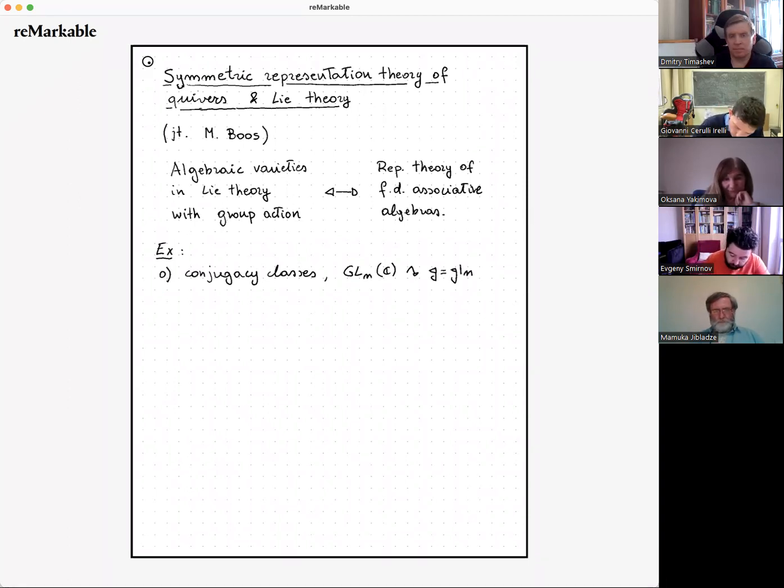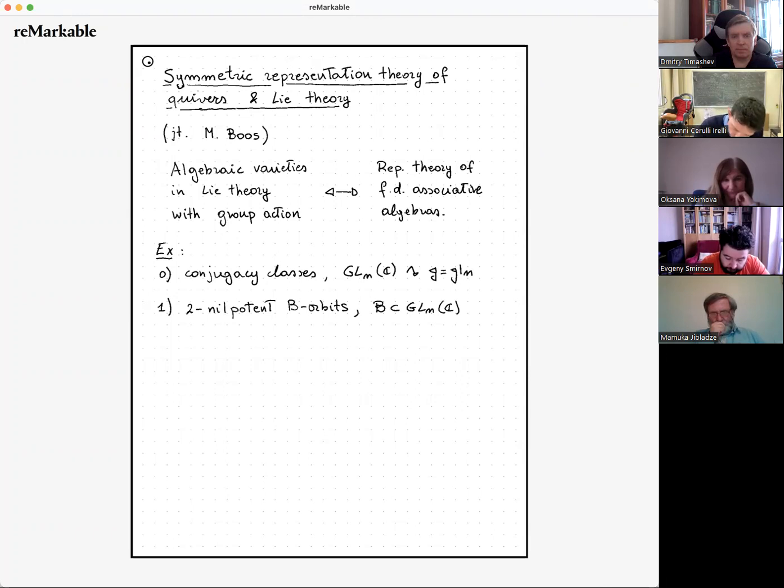And the first example that I want to mention is a connection with nilpotent B orbits, where B is the Borel subgroup of GL_n.